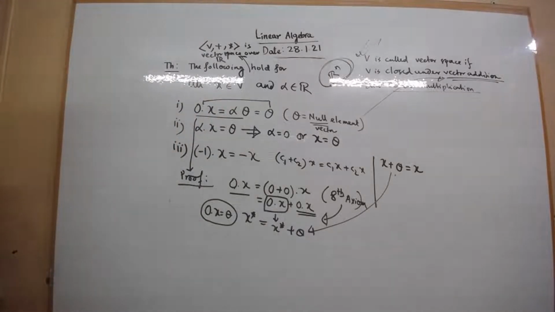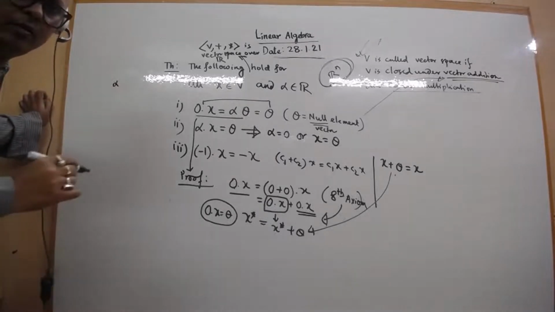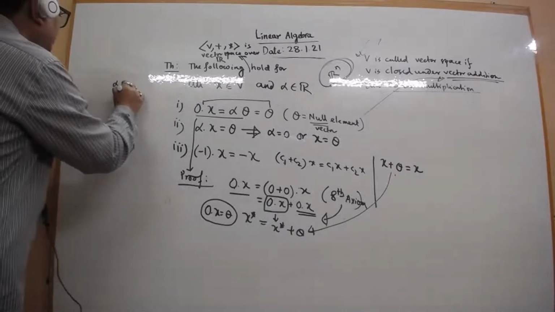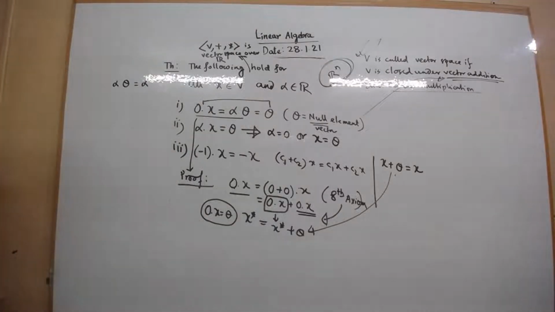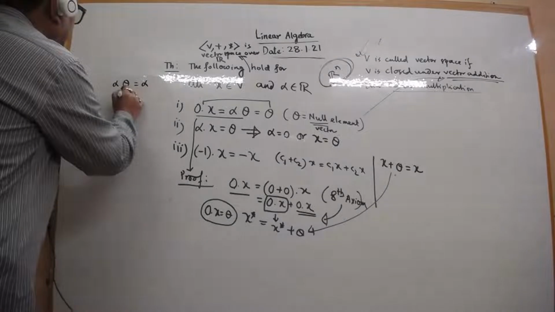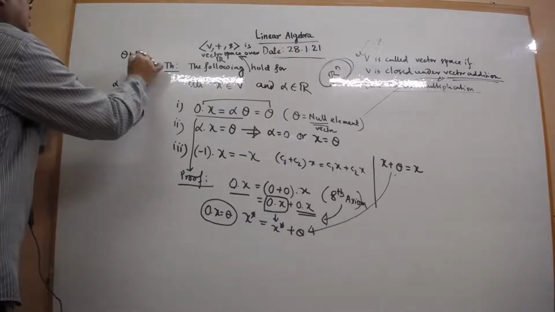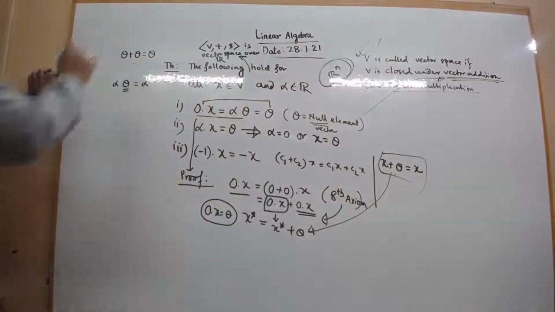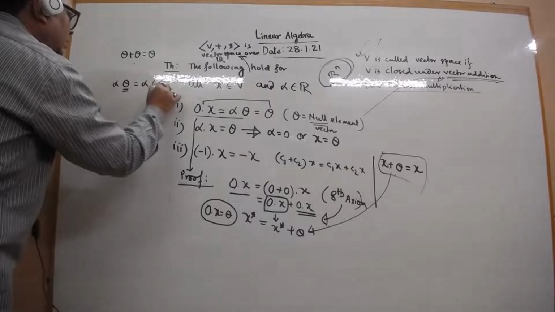Now alpha theta equal to alpha, since we know theta plus theta equal to theta. Use this, put x equal to theta, you get this thing. So I write alpha theta plus theta.